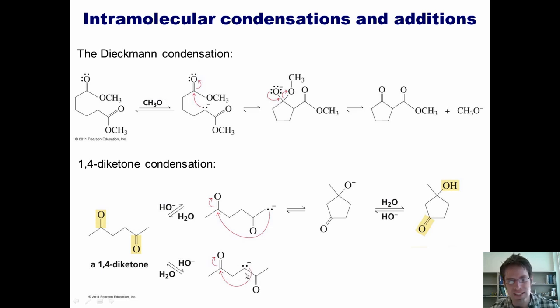Now imagine that if this negatively charged carbon closed in at this carbonyl to form a bond, what would the ring size be? It would form a 3-membered ring, and ultimately upon protonation, this 3-membered ringed beta hydroxyketone. I want you to understand that this product is much, much less stable and less favored than the product up here.